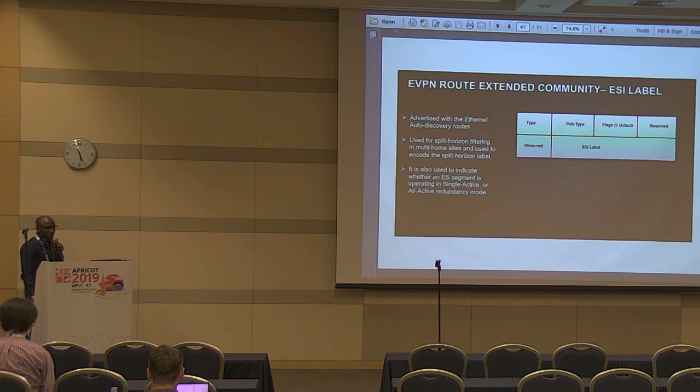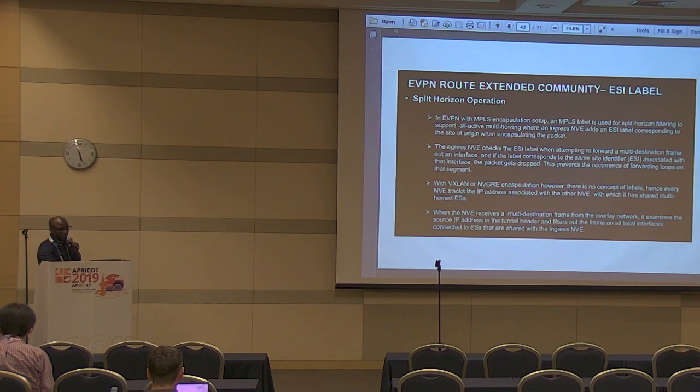Again, this is assuming an MPLS data plane encapsulation, obviously. And it's also used to indicate if the Ethernet segment is operating in a single-active or active-active redundancy mode. With VXLAN encap, the split horizon operation is different because we don't have the label.